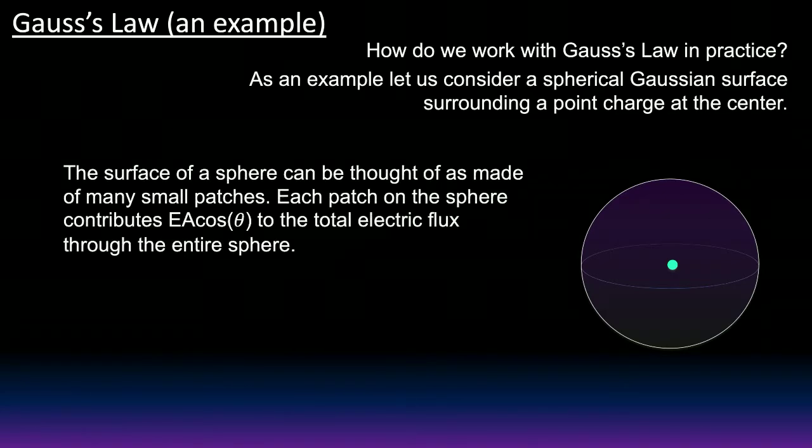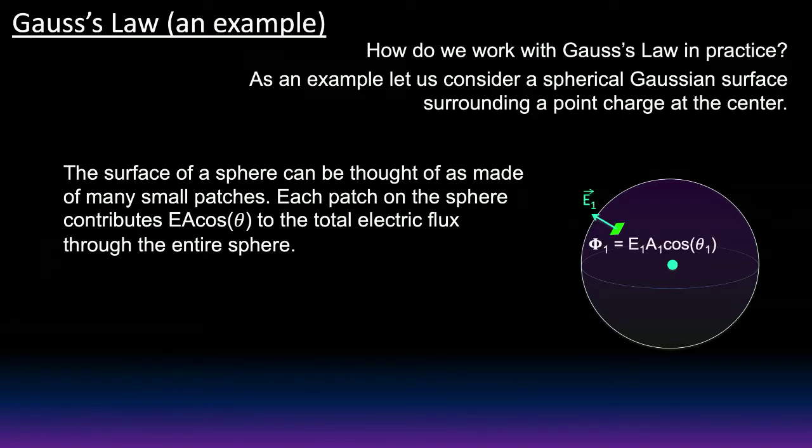There will be some amount of electric flux passing through this surface, and if I want, I could imagine the surface as being divided up into many small patches, and each patch individually will contribute an amount of flux EA cosine theta to the total electric flux through the entire sphere as a whole. So for example, at the location of patch number 1, there will be electric field E1 passing through that patch.